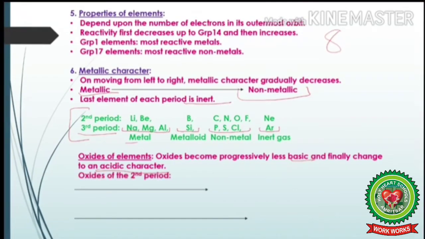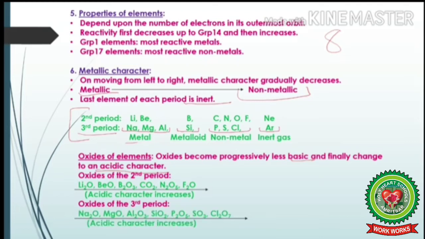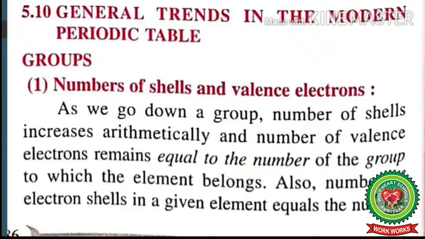For example, in the case of oxides of the second period, the oxides of lithium are basic in nature, whereas oxides of fluorine are acidic in nature. Similarly, in the case of oxides of the third period, the oxides of sodium are basic in nature, whereas the oxides of chlorine are acidic in nature.